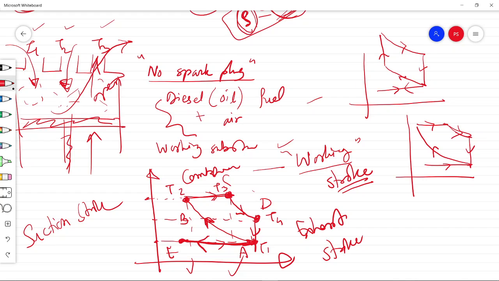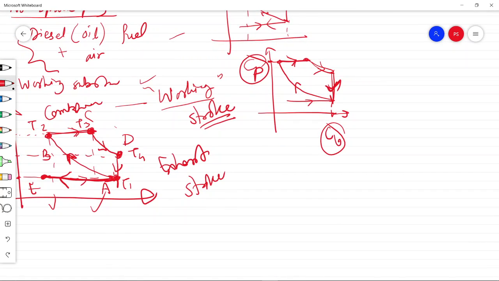But this causes a huge difference in the derivation of efficiency, because in this particular process only one type of specific heat, that is specific heat at constant volume, is involved, whereas in this case this process belongs to constant pressure, so specific heat at constant pressure is involved here, whereas this process belongs to constant volume, so specific heat at constant volume is involved here. So the derivation of efficiency of this engine becomes slightly complicated, so we are not going to go into the details of that. We'll just look at the formula for the efficiency.